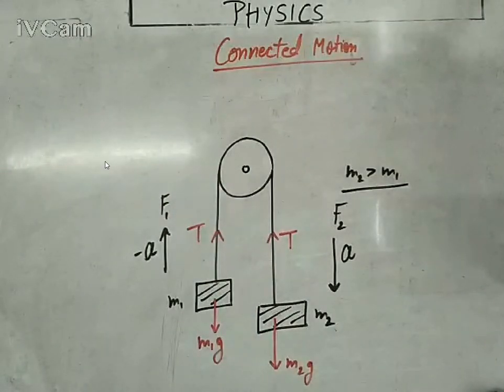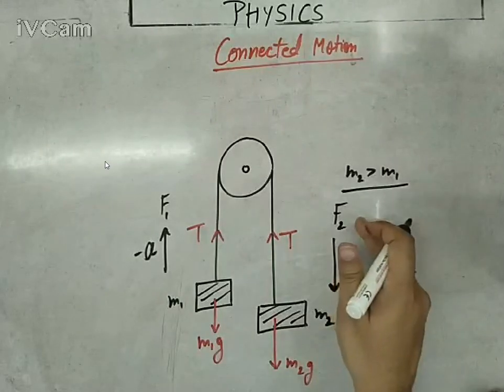Keep this in mind: accelerations are the same, but forces won't be the same. Why? Because their masses are not the same. So according to us, the resultant force is F2 here and F1 there. Now let's implement this.